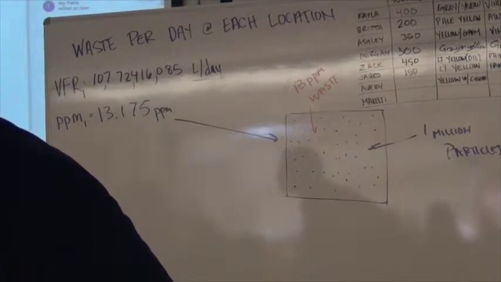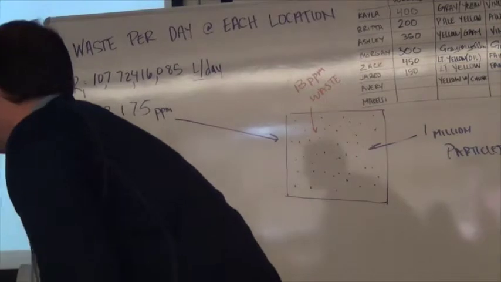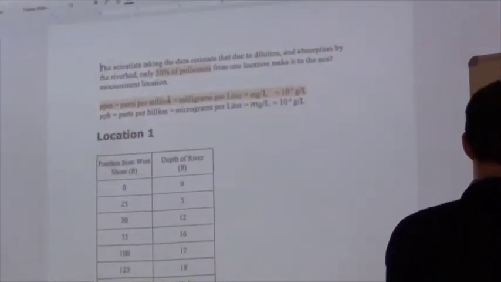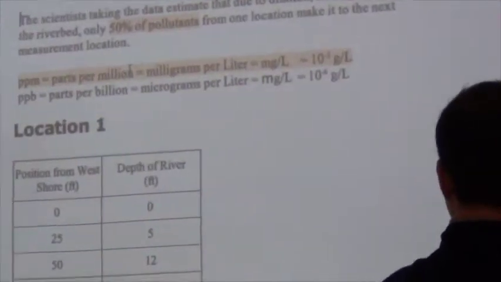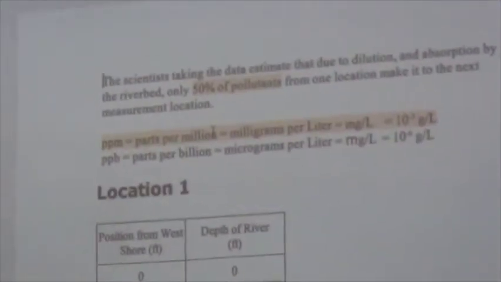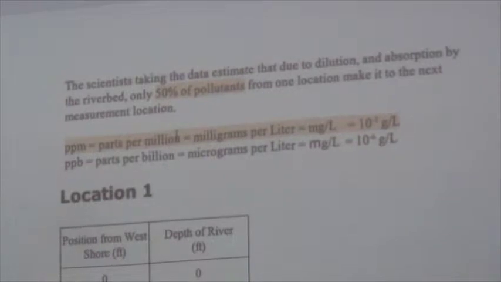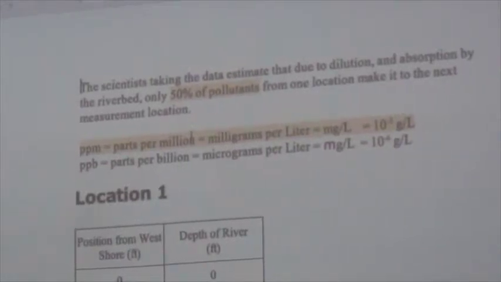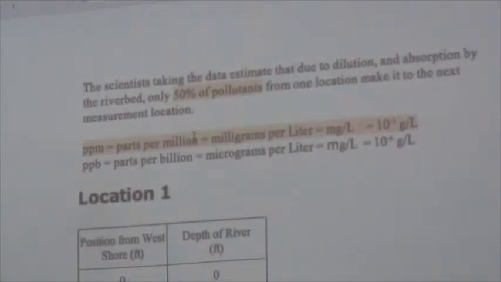Thank you. Okay, so if you look at the very top, I even went back and highlighted a couple of things so that you make sure you see them. As it says right there, 1 part per million equals a milligram per liter.